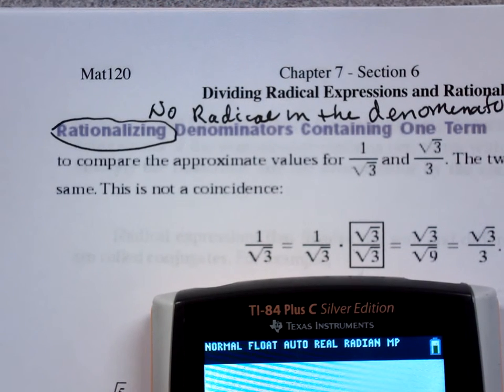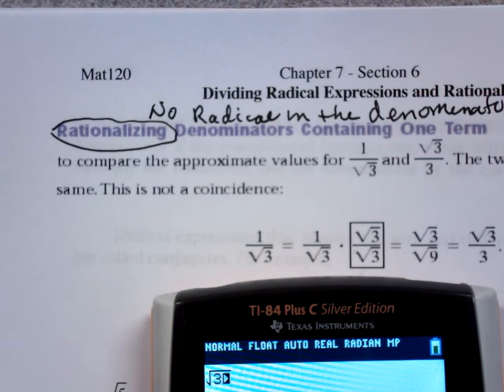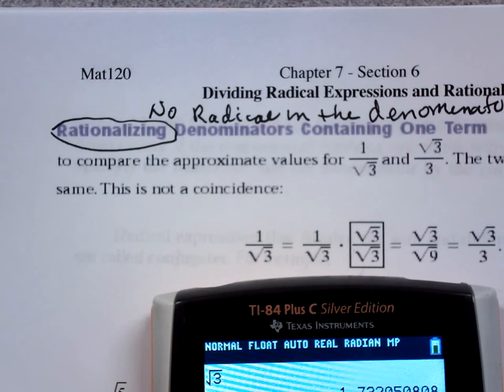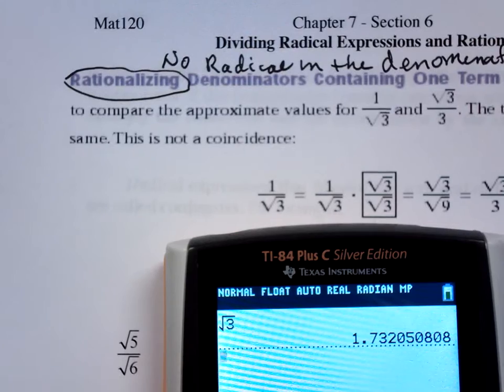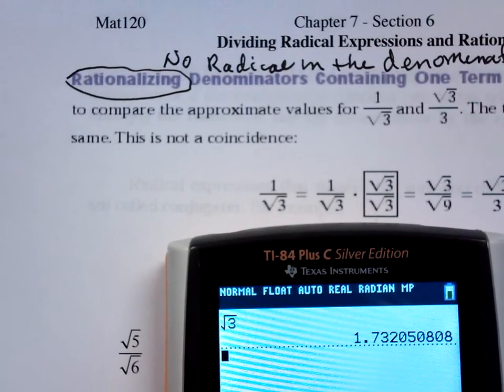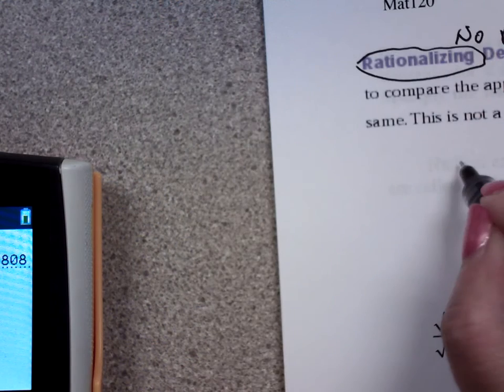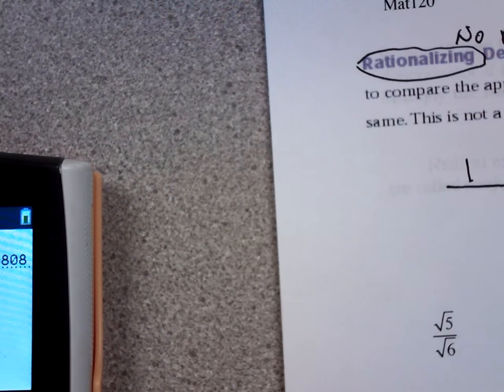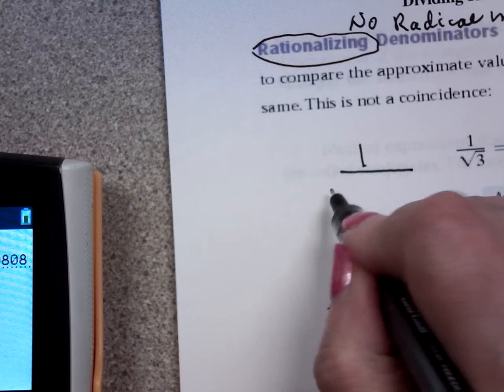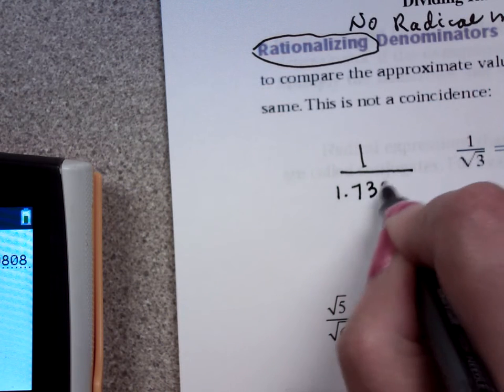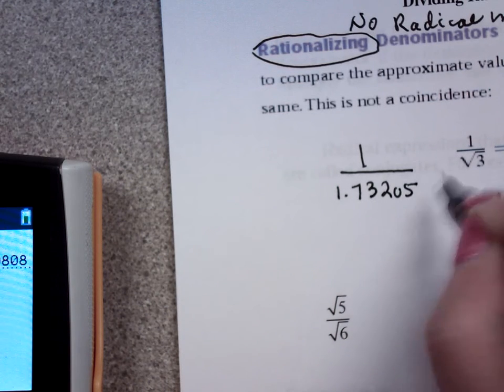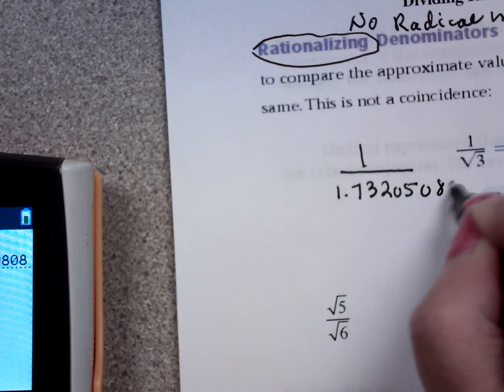if I were to take the square root of 3, the square root of 3 is a decimal number. So imagine if you were trying to divide this thing and you were going to do a decimal division, I would take 1 divided by 1.732050808.